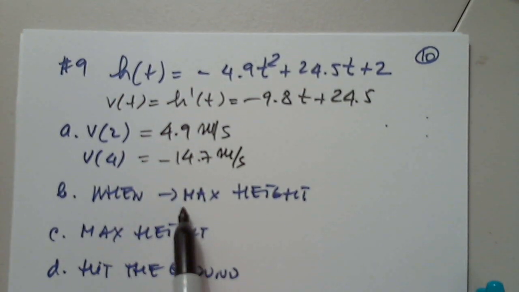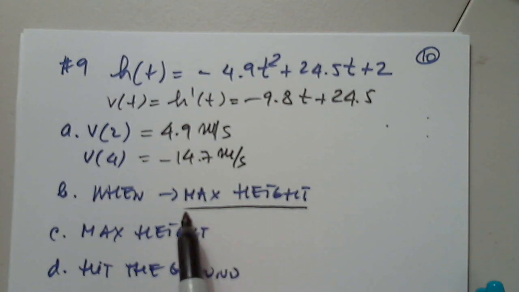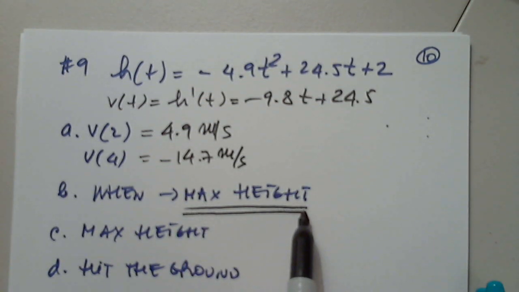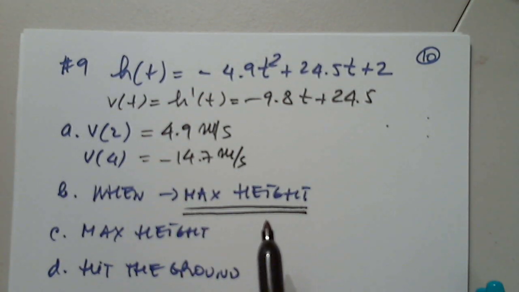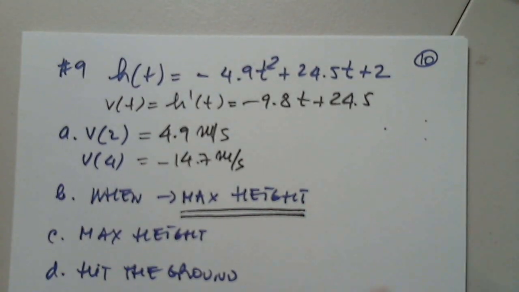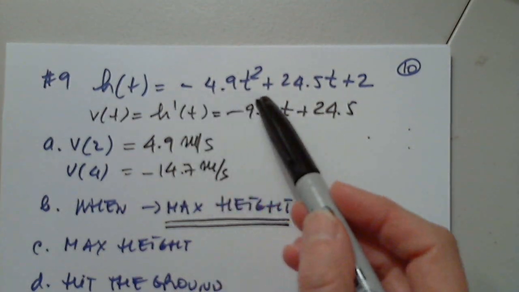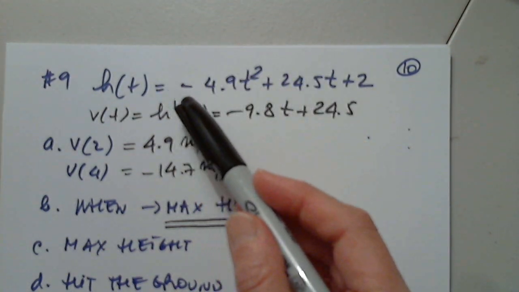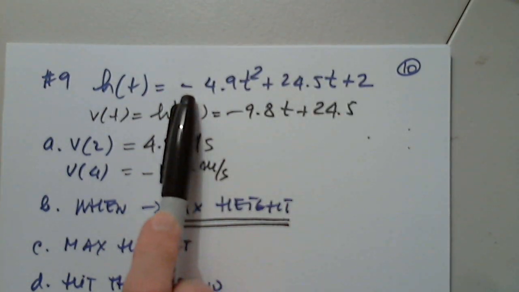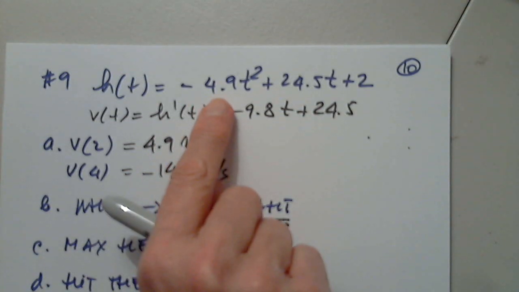Okay, now they're asking us to determine the maximum height. And this is a very important situation or question because it will come up in chapter 4, in the entire chapter 4. Okay, so let's talk about it. Now, I see that this is a quadratic function, and I know it has a maximum because the leading coefficient is negative.